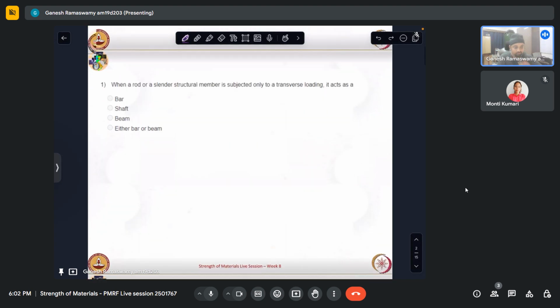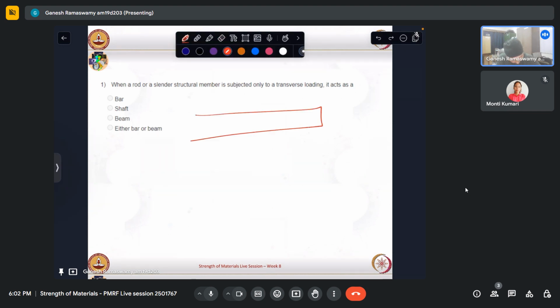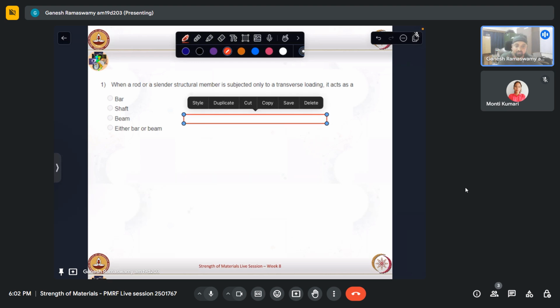So let us look at the first question. When a rod or a slender structural member is subjected only to transverse load, it acts as a what? Essentially, let us say that I have a section like that, which is a slender structural member, meaning one of the dimensions is much more than the other two.